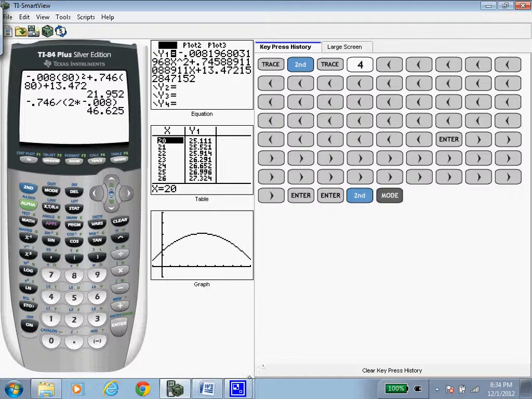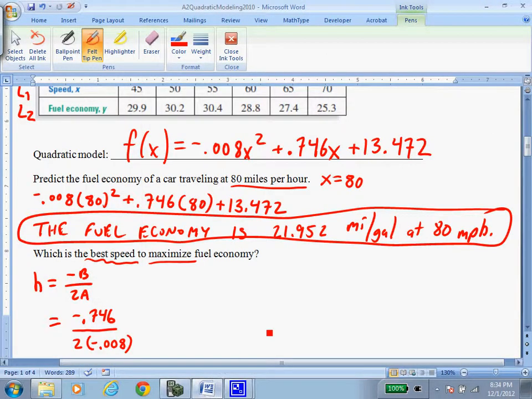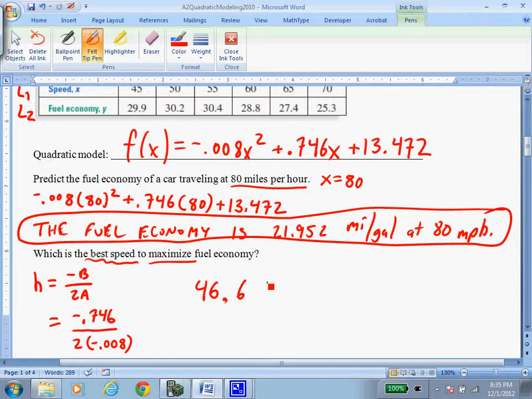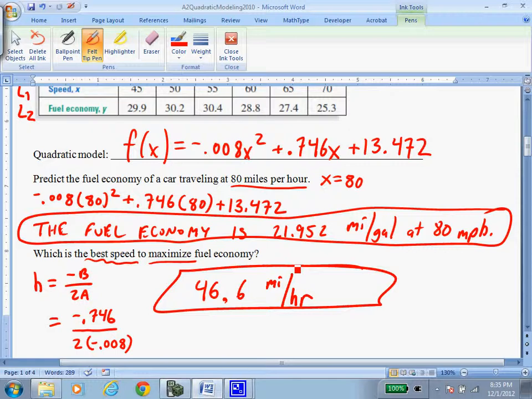So I will say that 46.6 miles per hour will be the speed that maximizes my fuel economy. So, now you know a couple ways to use the quadratic function.